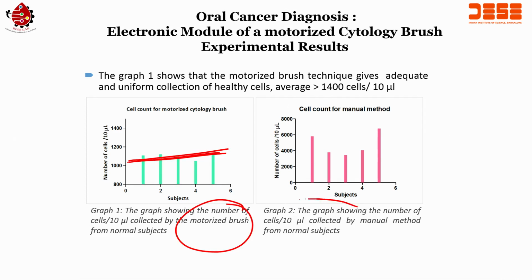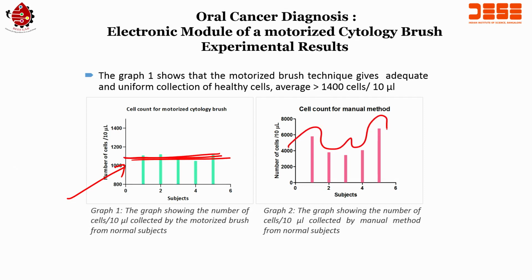Again, in this case we have only performed experiments on normal subjects. So, this is very interesting because the cell count obtained by a semi-skilled person is almost similar across subjects, while you see the range here. This is what the manual method versus our method looks like.